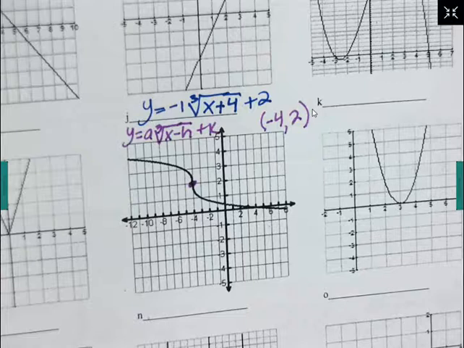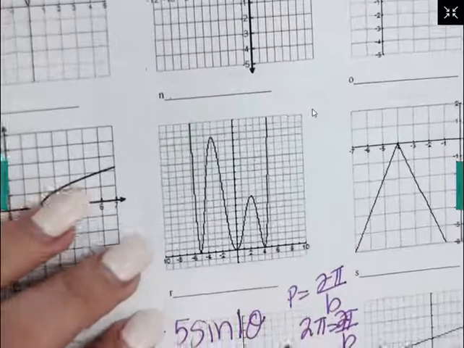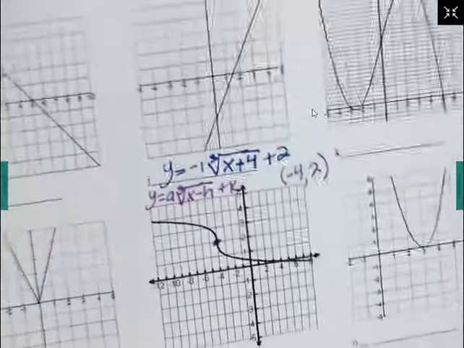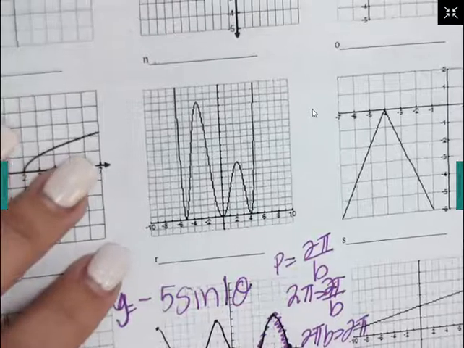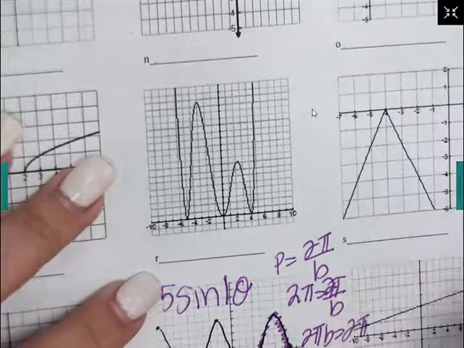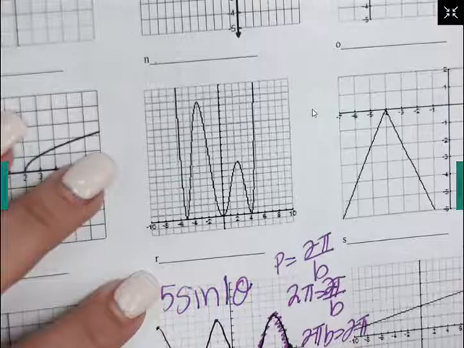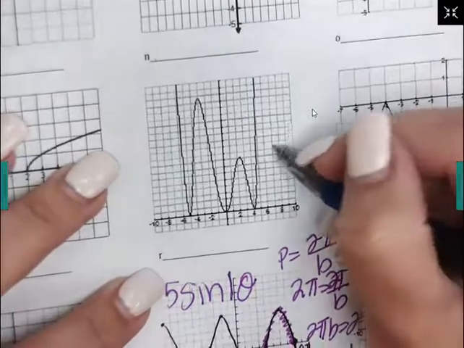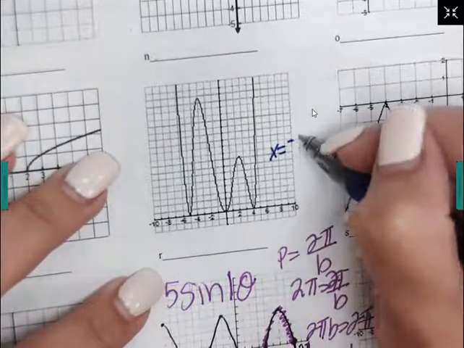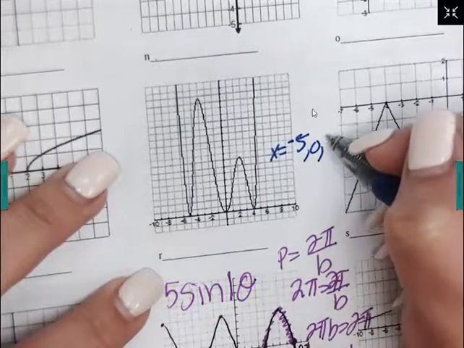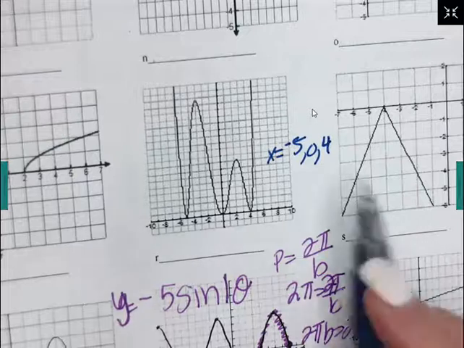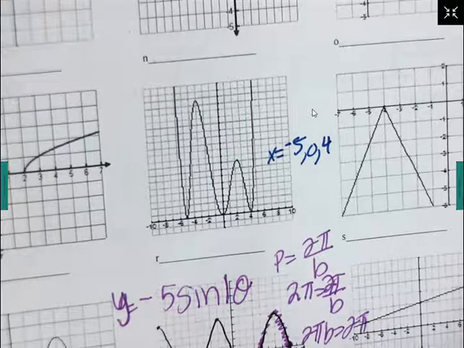All right, this is a polynomial function, and we're going to graph this. Remember, this is where we identify our zeros. Here, x is equal to negative 5, 0, and 4, correct? And at all of these places, we have a double root, right?